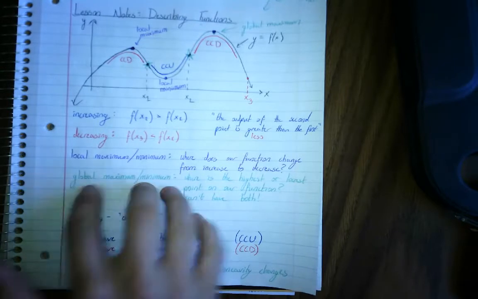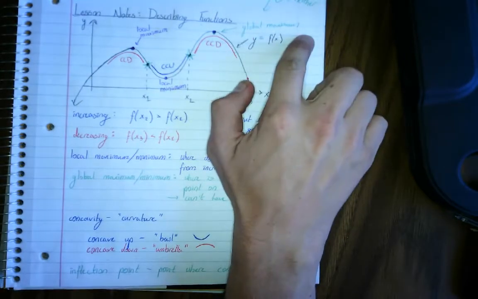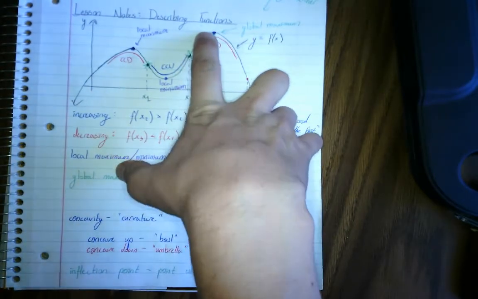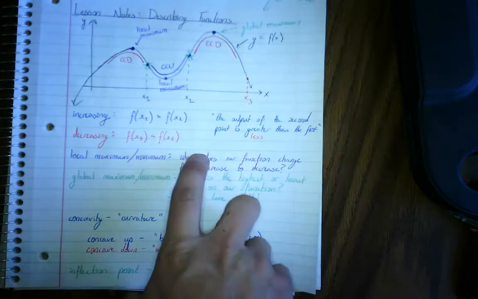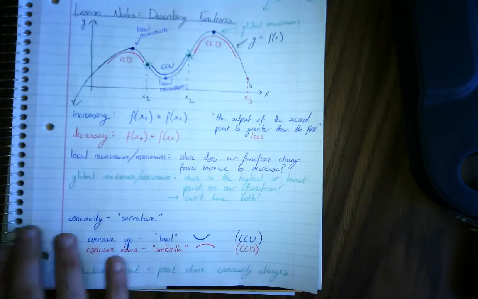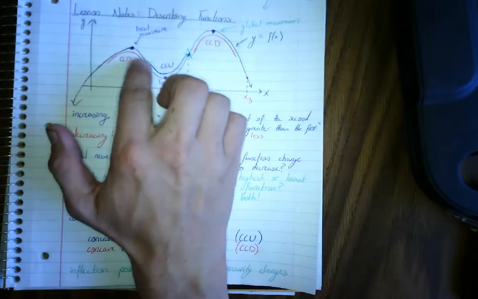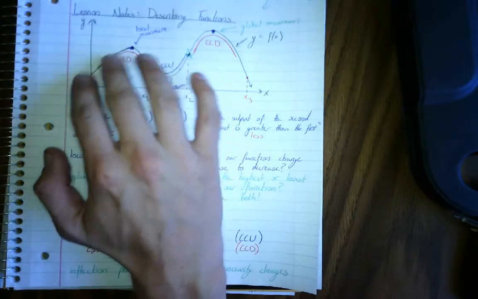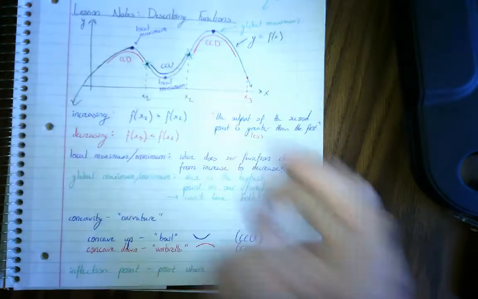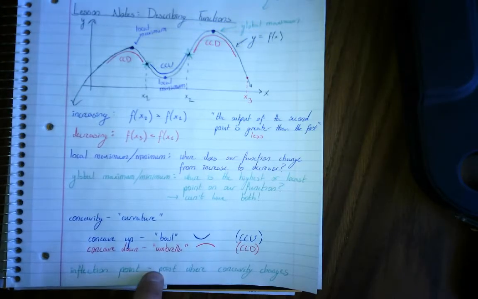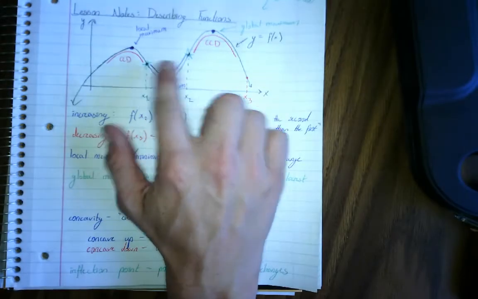Global maximum and minimum, which you're only going to have one, either the absolute highest point on your function or the absolute lowest. Finally, we have concavity, or is our function curving downwards or curving upwards? And finally, we have the inflection point, which is the changing of our concavity.